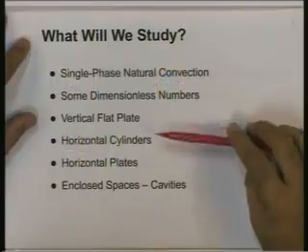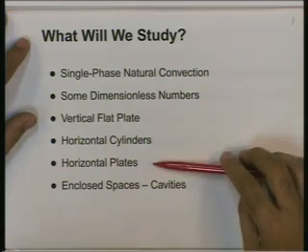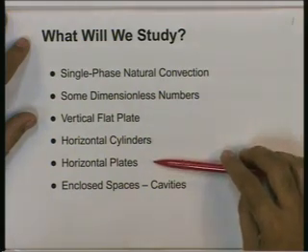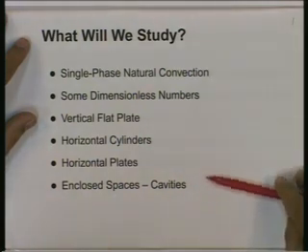The situations that we will study are a vertical flat plate, a horizontal cylinder, a horizontal plate of some typical shape like a square plate, a rectangular plate or a circular plate, and finally natural convection in enclosed spaces or cavities.